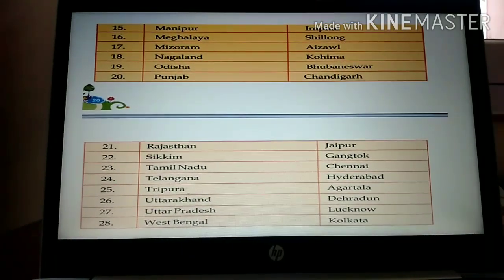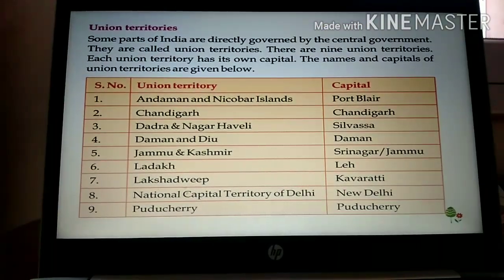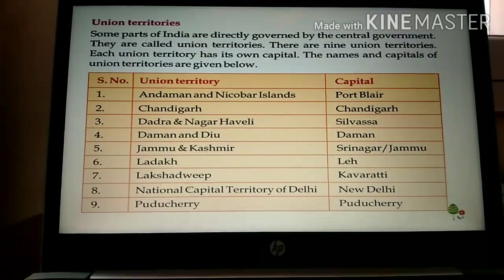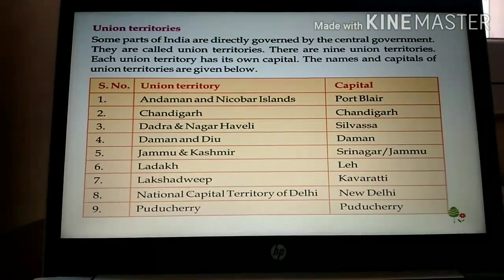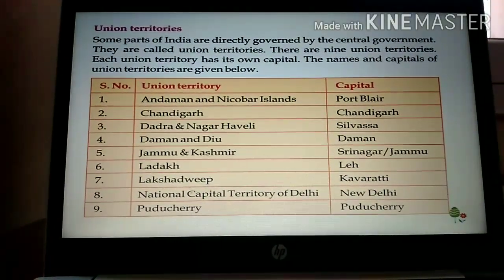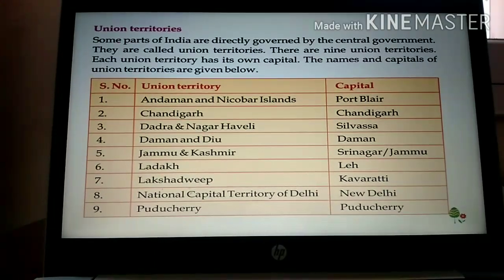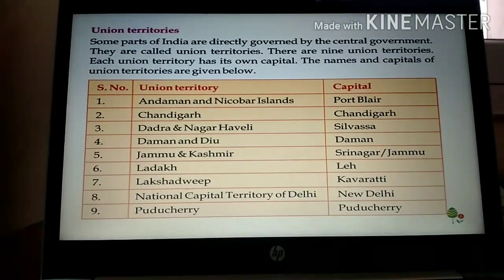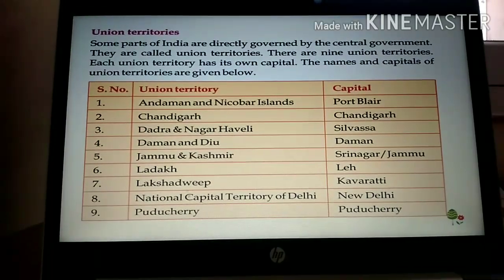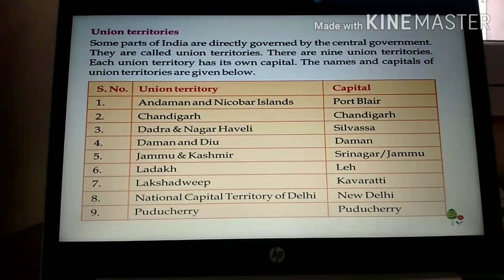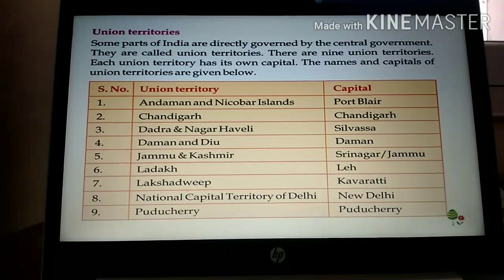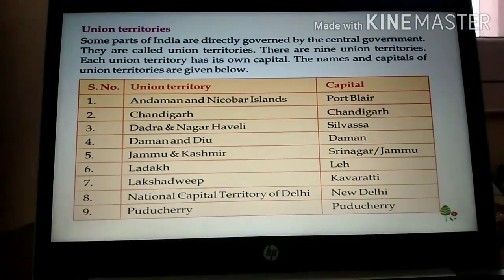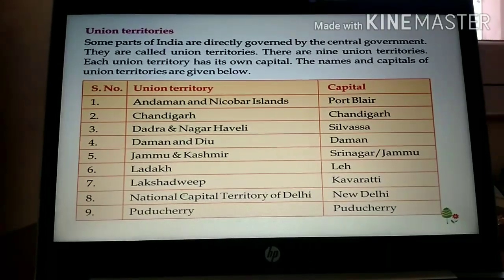Now comes union territories. How many union territories are there, children? There are 9 union territories, and earlier there were 7. Jammu and Kashmir and Ladakh are newly added. Now comes Andaman and Nicobar Islands. Capital is Port Blair. Then Chandigarh, and the capital of Chandigarh is Chandigarh itself.